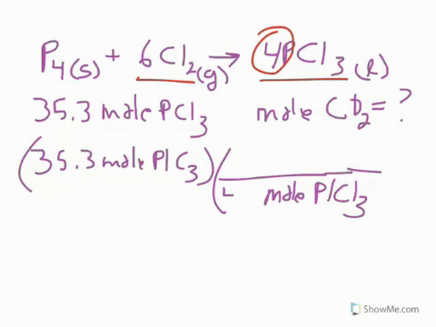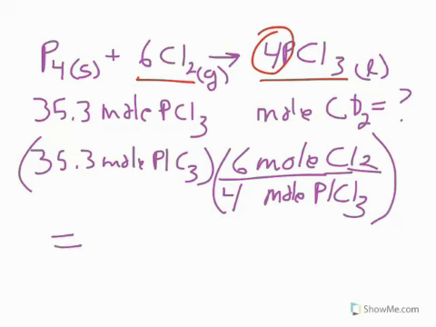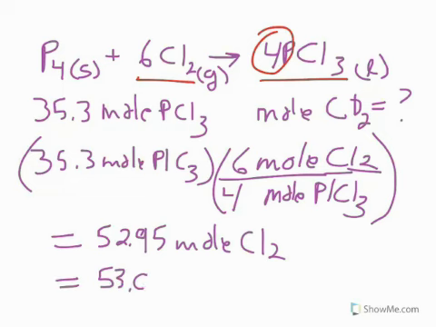So I get 4 moles of PCl3, 6 moles of Cl2, and I'm done. So 35.3 times 6 divided by 4, and I get 52.95 moles of Cl2, and if I'm going to put it in the correct sig figs, it'll be 53.0 moles Cl2 for my answer.